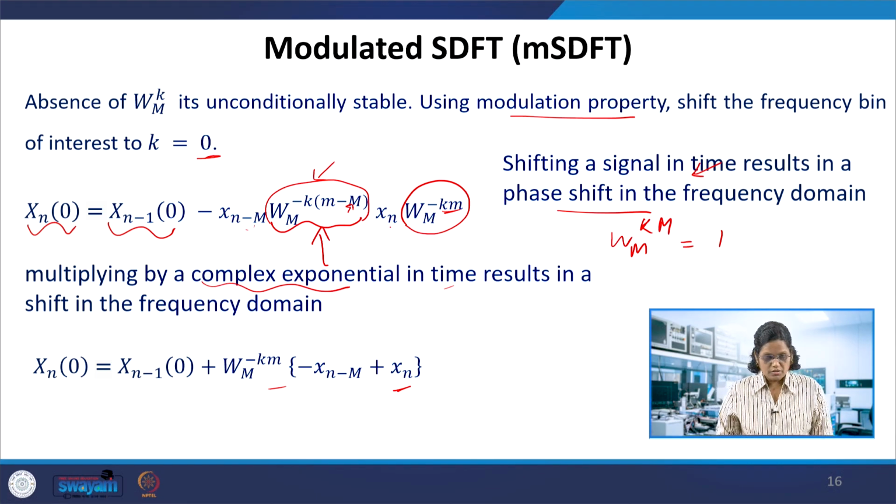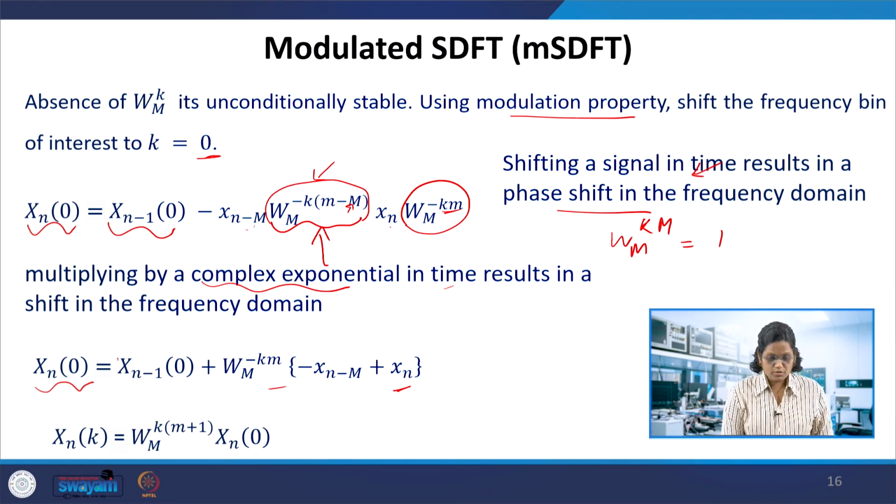So this results in the 0th bin output, which in the recursive equation is this. But if we want any of the kth bin outputs, so this is the 0th bin output, if we want to do the same thing for the kth bin output, then we should simply use this X_n[0], and with the modulation property again, X_m[k] at instant m plus 1 should be used.